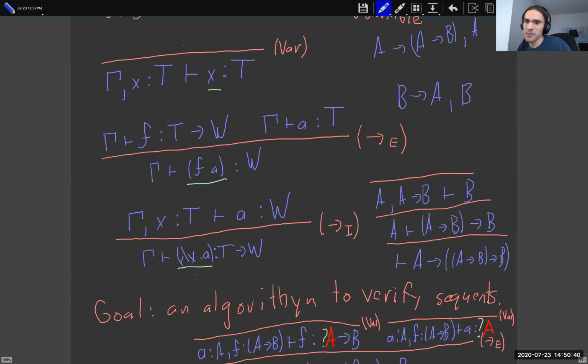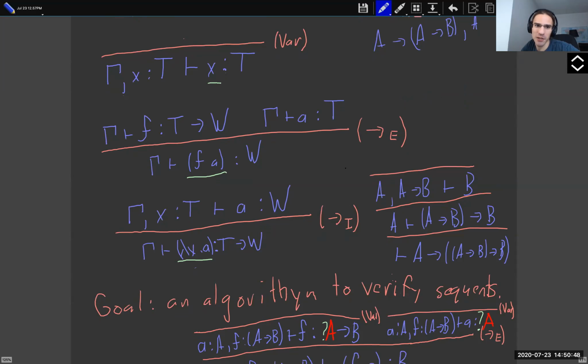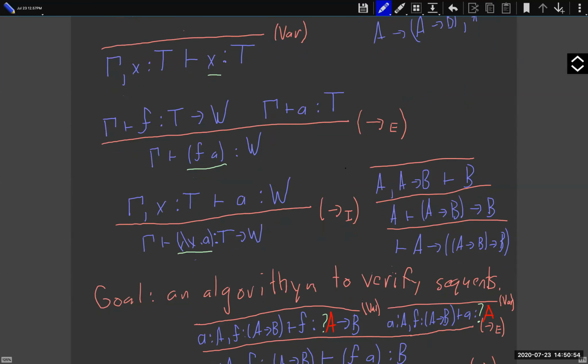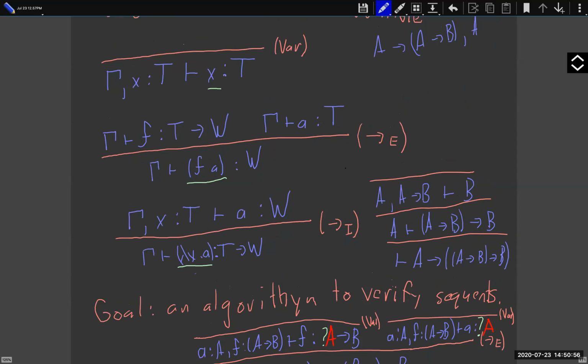The proof term takes you from the context to the logical formula. The proof term encodes a proof tree. The proof term is supposed to have all of the information of this proof tree. So given a gamma, the proof term will give you a proof tree for the propositional formula. Yes, that's precisely our goal: to give an algorithm that does that.